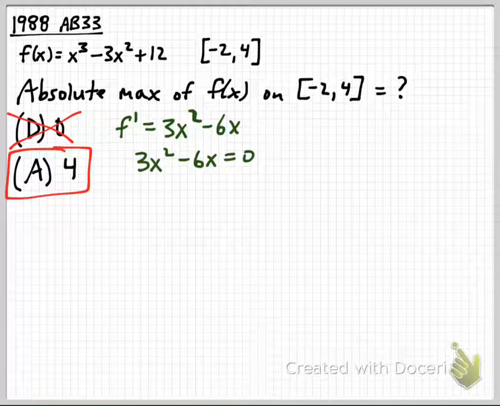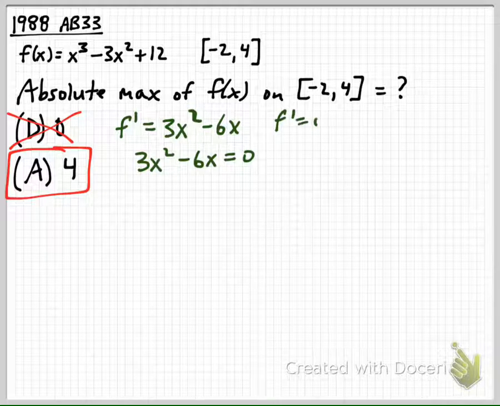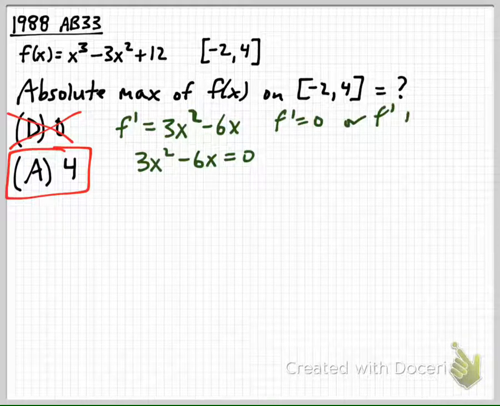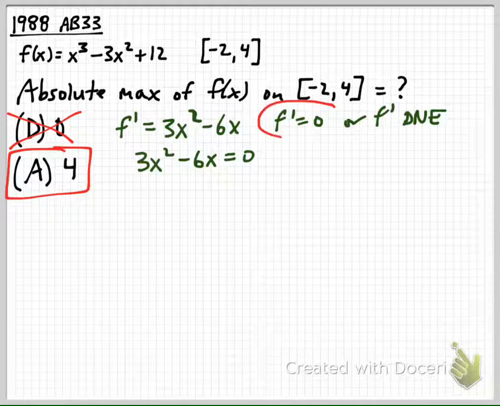This is a good review from section 4.4, the optimization, absolute max, and even back in 4.3 where you're trying to find an absolute max. F prime equals 0 or f prime does not exist is when we will find our critical points. Just want to review that part.